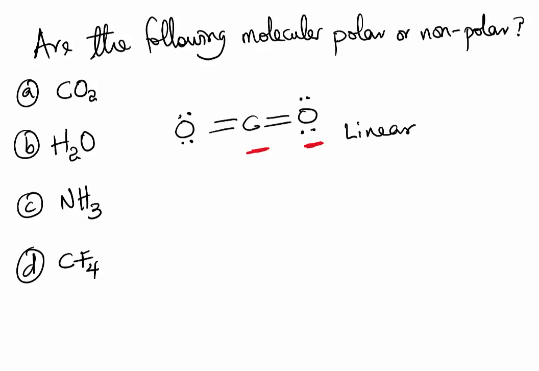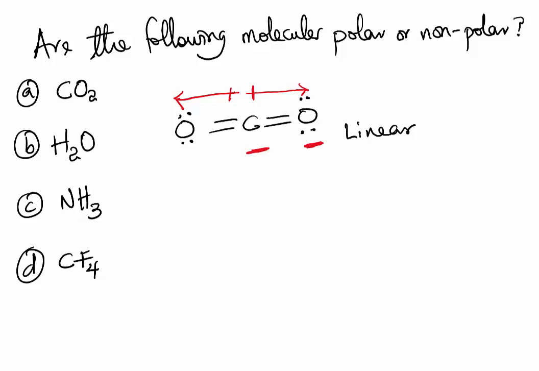Because oxygen is more electronegative, the 4 electrons being shared between oxygen and carbon, remember, a double bond means 4 electrons are being shared, those 4 electrons will be closer to oxygen than they are to carbon. And this is also the same thing that will happen in the other direction.